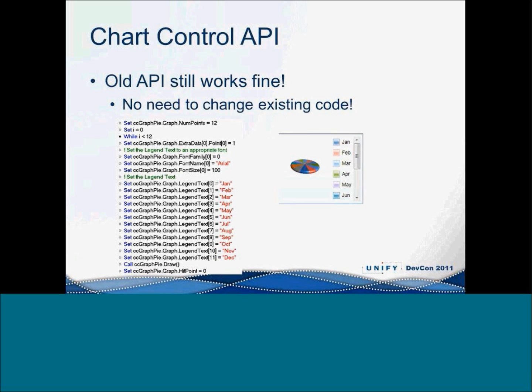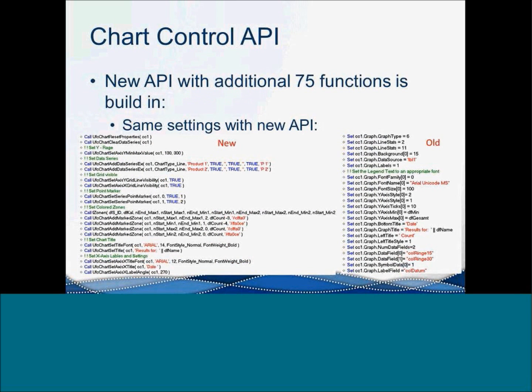So here's a special one-to-one display of the new charting API with the old one. On the left-hand side, you can see this is the new charting API. That means we have UFC chart calls, and we add data series. We can set grid line visibilities.